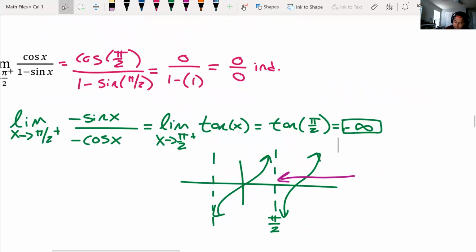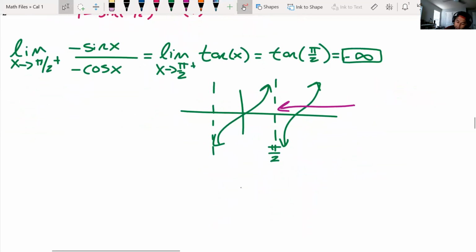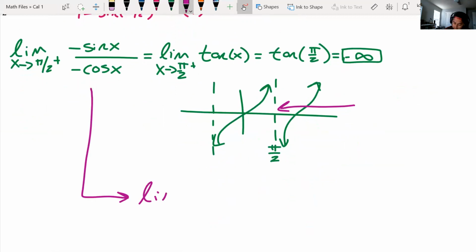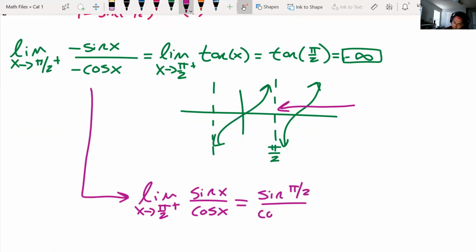I could have kept it as the other form. I should have, just to show you. I mean, there's always another route. So if this was the limit as x approached pi over 2 from the right of positive sine over cosine, you get sine of pi over 2 over the cosine of pi over 2.